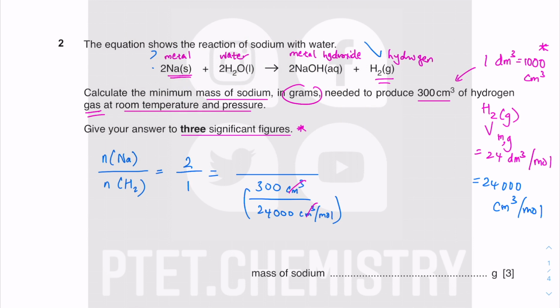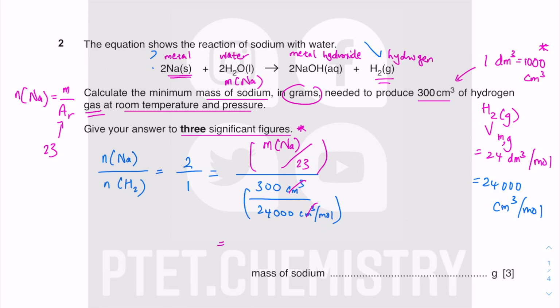On the top there you want the mass of sodium, but you know that it means the mole of sodium, and you want the mass of sodium. So you know that mole of sodium equal to mass of sodium over the relative atomic mass from the periodic table, which is 23. So what we can do is mass of sodium in gram divided by 23 gram per mole. Gram over gram per mole give me the mole of the solid sodium.